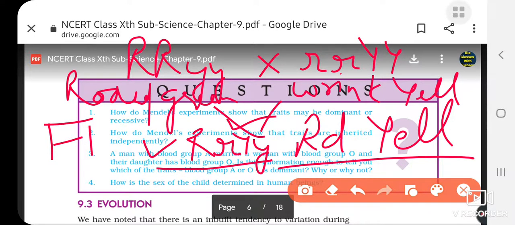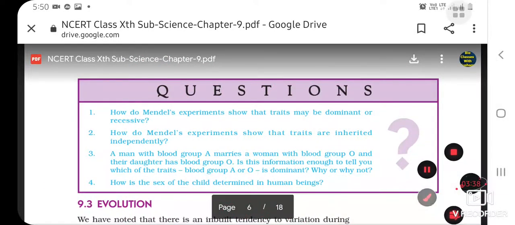Mendel then allowed the F1 progeny to be selfed. Let us see the selfing.